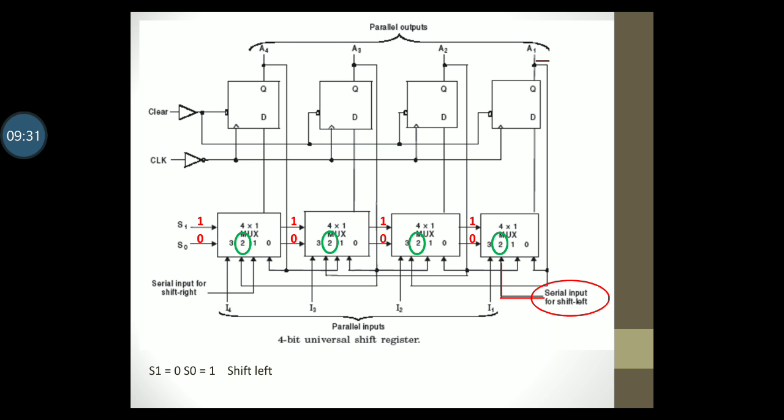From D2 of the rightmost multiplexer to the output of the multiplexer, from the input of the D flip-flop to the output Q, and from Q back again as input to D2 of the second multiplexer. So data is shifted left. There is a similar connection for each of the other multiplexers and flip-flops.